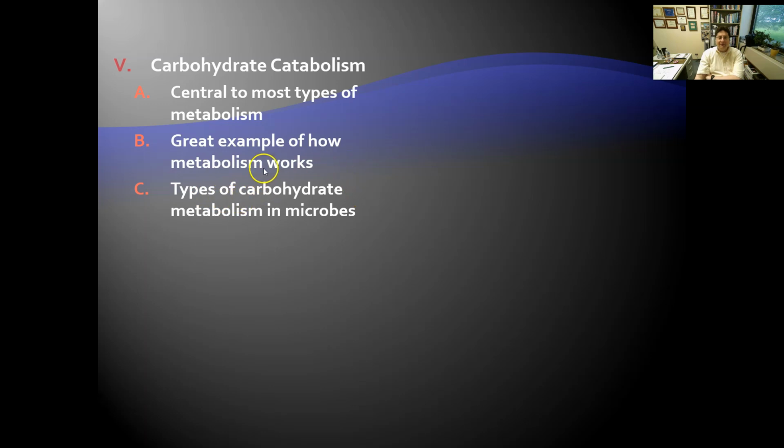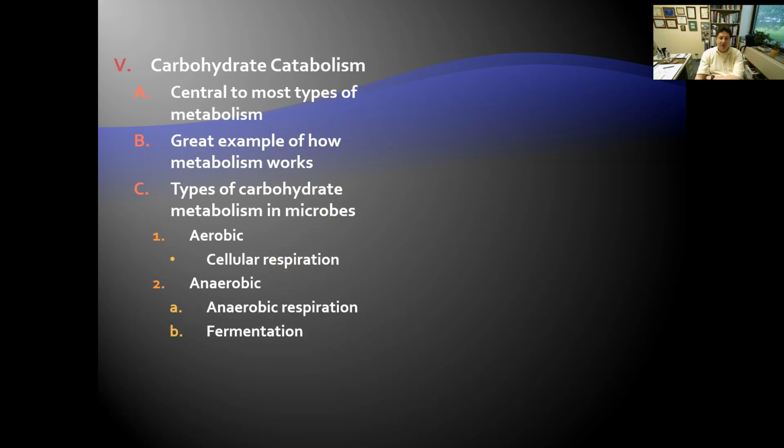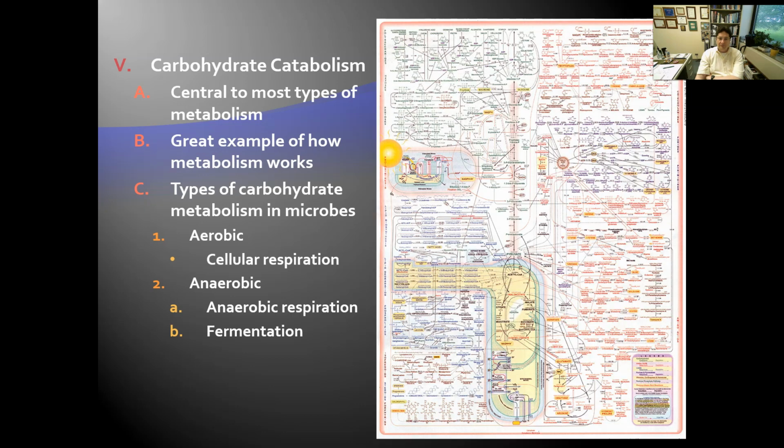In microbes, we can break down carbohydrates a few ways. We can do it with oxygen. That's called aerobic, and this is called cellular respiration. We can do it without oxygen, and this can be what's called anaerobic respiration or fermentation.